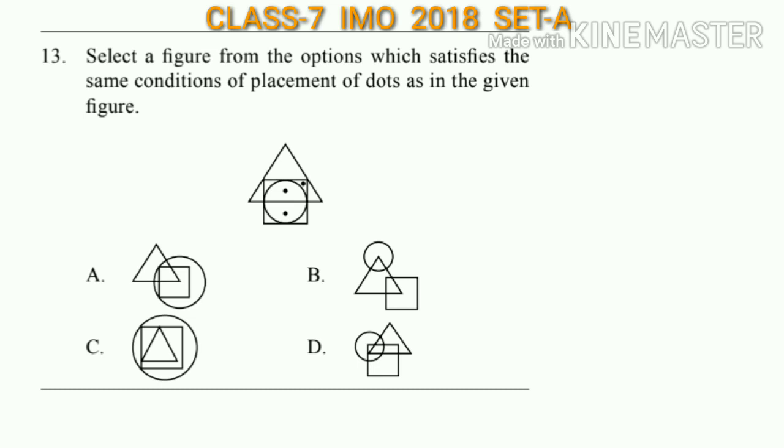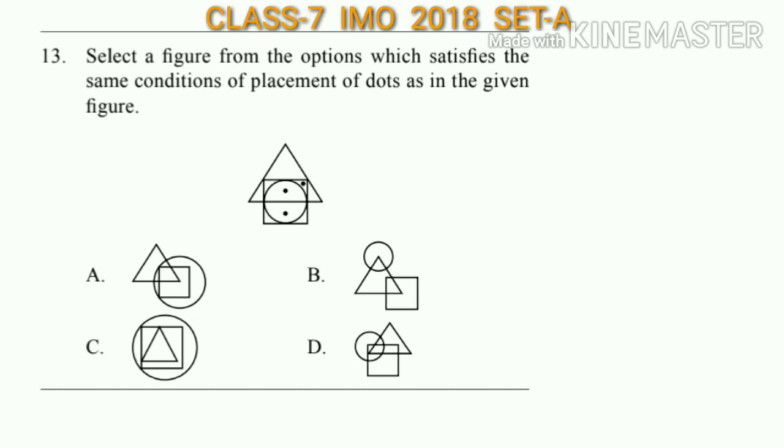Now question number 13. Select a figure from the options which satisfies the same conditions of placement of dots as in the given figure. Look at the figure carefully. Try to understand the placement of dots. The lower dot is in between the circle and the square.